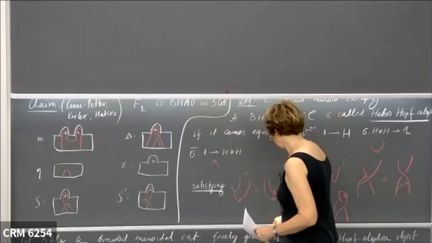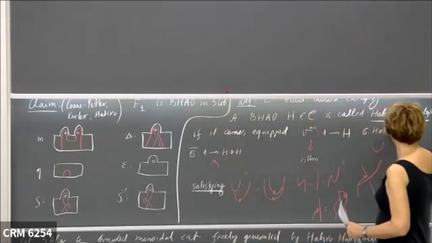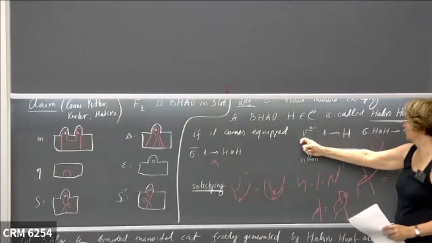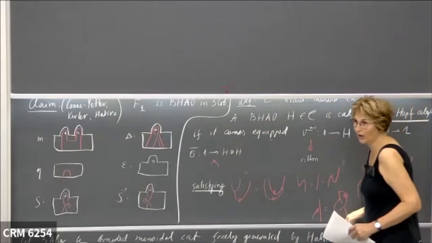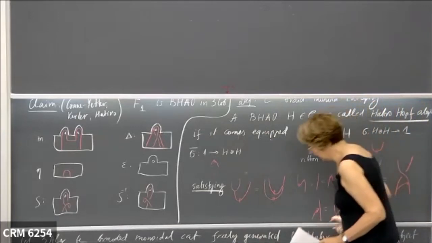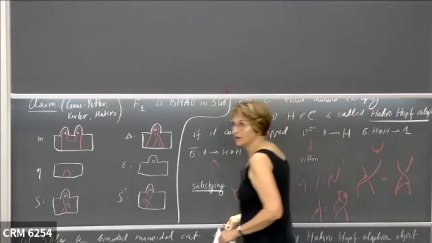We just need to say, because this Habiro algebra has additional generators, the ribbon element and pairing and co-pairing, where I send them. I will tell you in a sec.